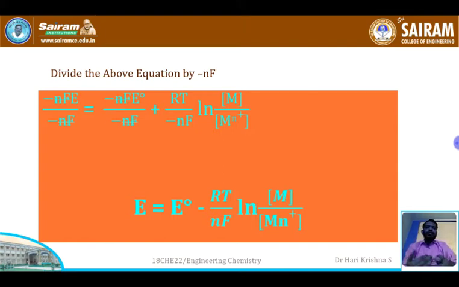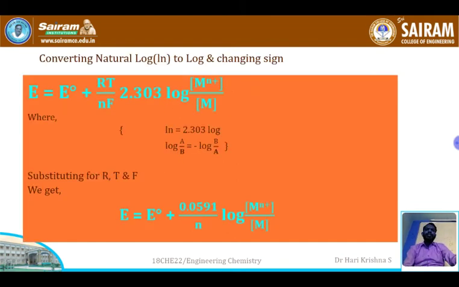Here we are supposed to convert natural log to log, which is simple mathematics. I am also going to change the negative sign to positive. To convert ln to log, we multiply by 2.303.